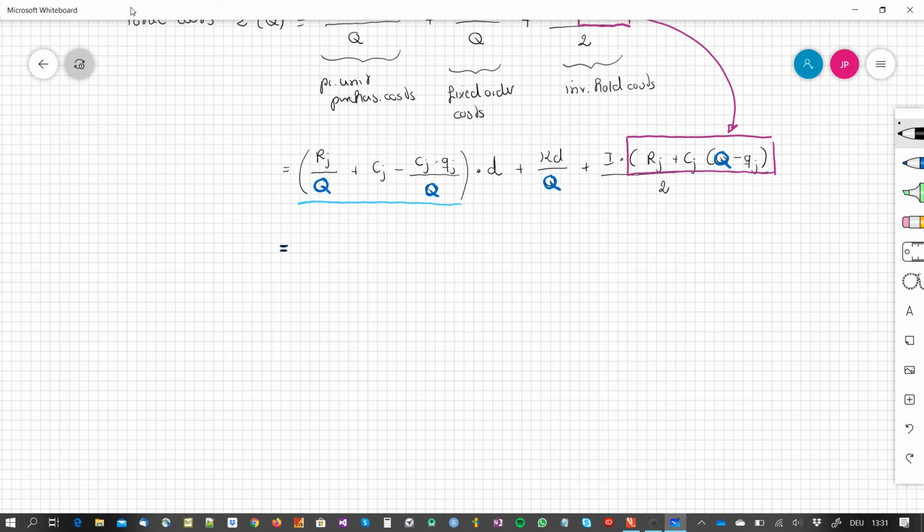So first thing that I would do, I want to get rid of the brackets, and therefore I multiply each and every term by D. I leave the K_j D like it is, and here in the last term I could make things a little easier.